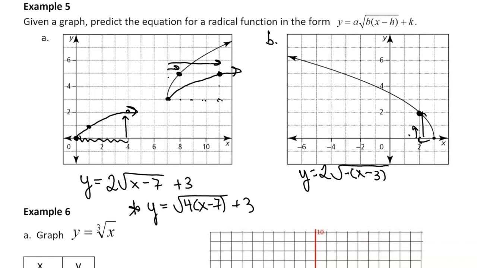So I'm horizontally compressing it by a factor of 1/4, and that would be represented in the way that we wrote it right here with that 4 inside the brackets.